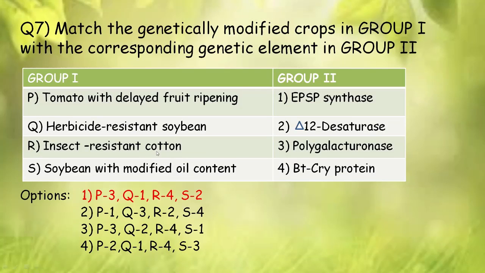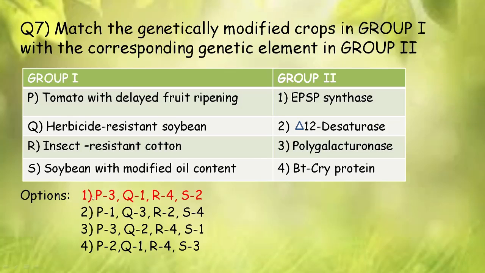The next question is, match the genetically modified crop in group 1 with the corresponding genetic element in group 2. Here in group 1 we have first the tomato with delayed fruit ripening. Here the delayed fruit ripening is achieved with the help of the enzyme polygalacturonase. So P should be matched with 3.